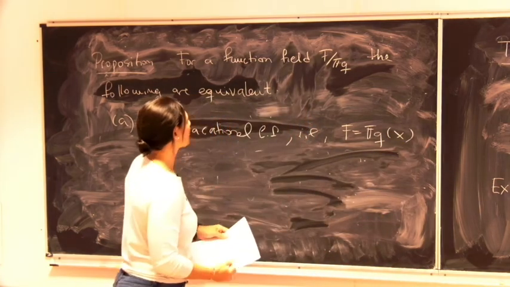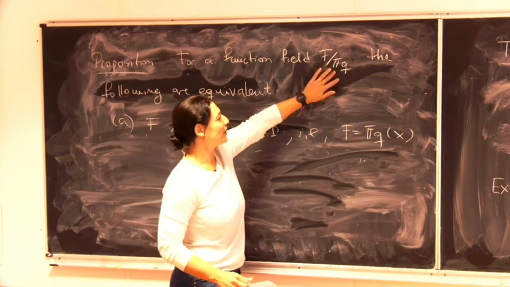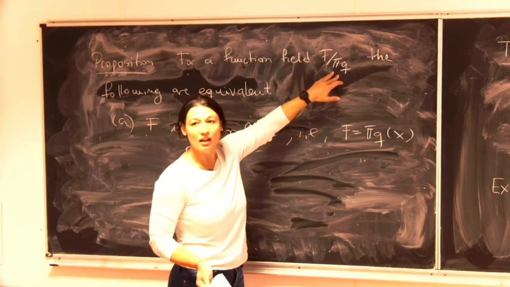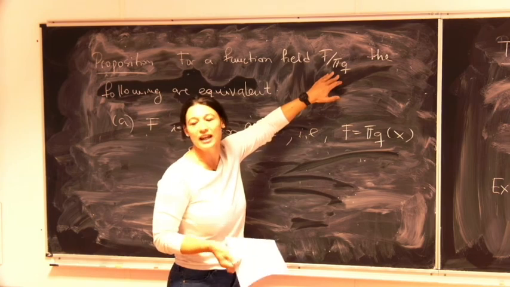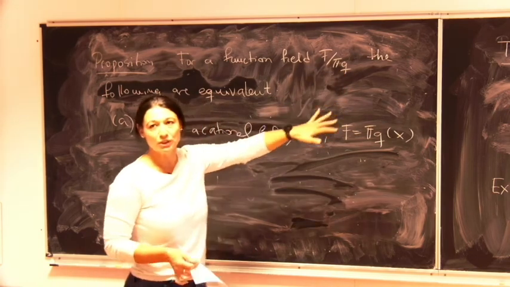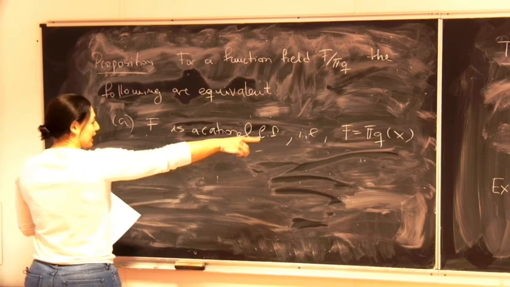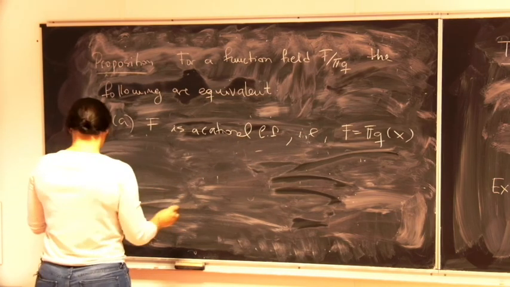Well, this can be done also, as I said, it has more sense if I make it over any perfect field K, such that K is the full constant field of F, where X is a transcendental element, you know all of that.